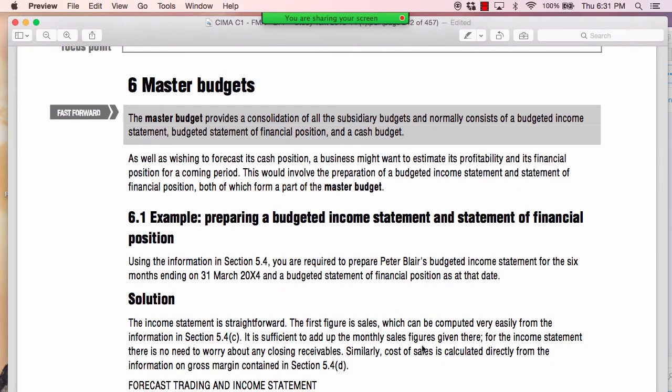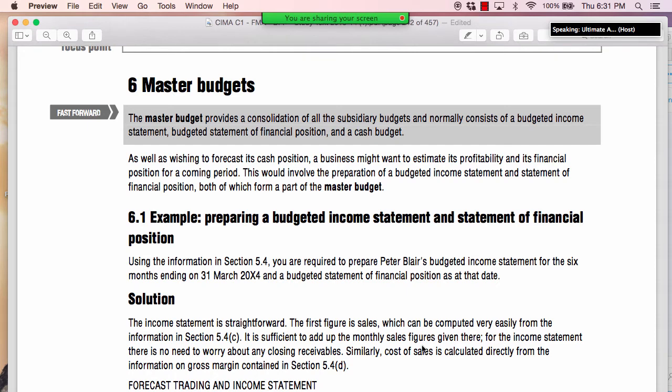Now, master budget, as the name says, gives you a consolidation of all subsidiary budgets. So give me an example of a subsidiary budget, Syed. What is a subsidiary budget? The cash budget and the purchases budget.